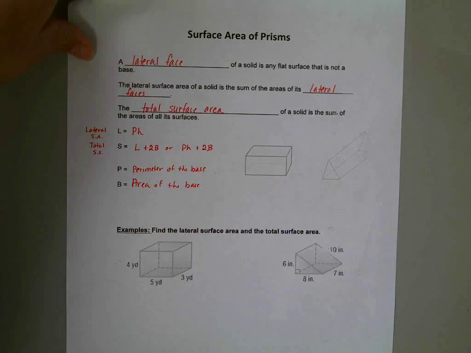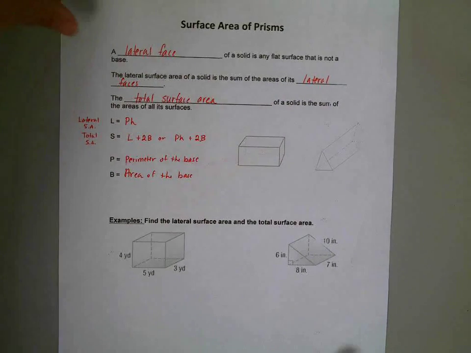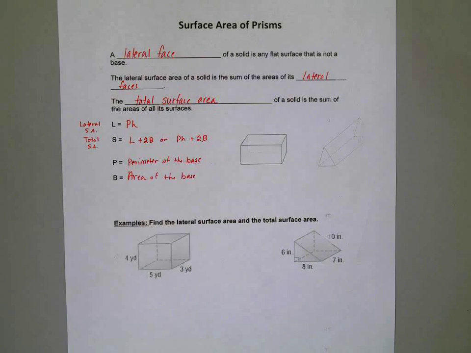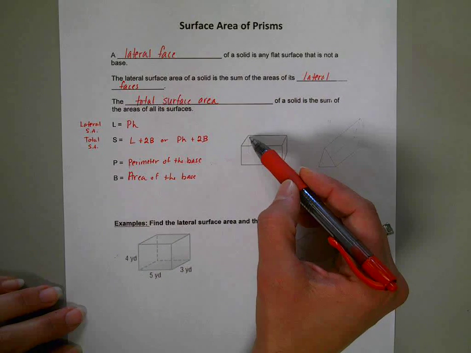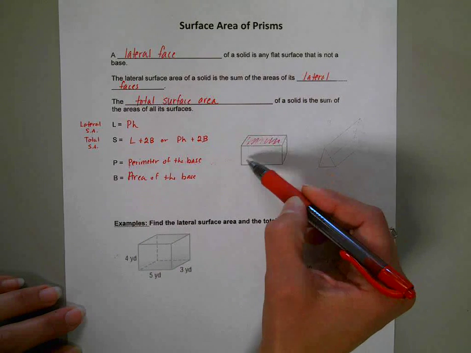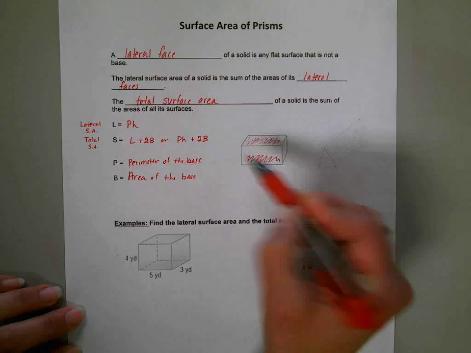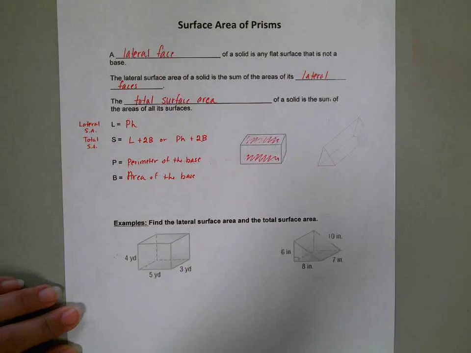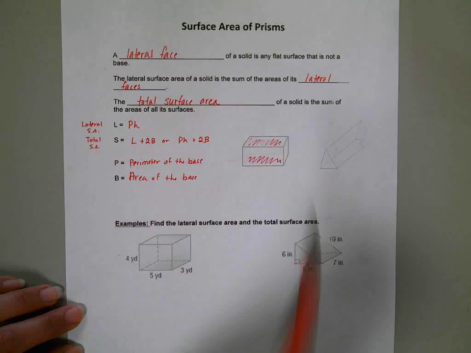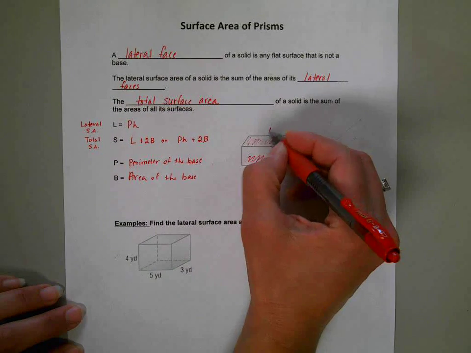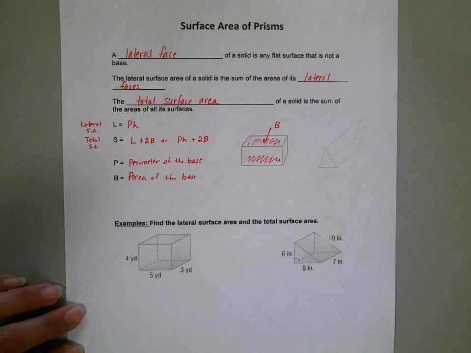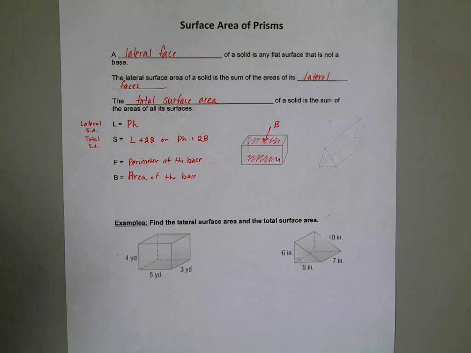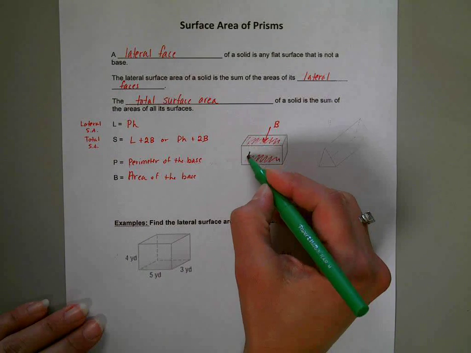Now let's look at what this looks like on our actual 3D figure. On our rectangular prism, the base is here and here. That's why we have 2B, the area of two bases, because we've got two bases, the one on the bottom and the one on the top here. So that is big B. P, perimeter, is here.